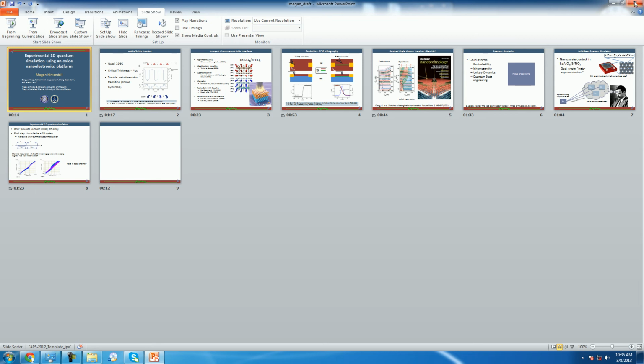I think what you may want to do is spend more time contrasting our platform with the cold atom simulator, which you're still working on in the talk. But have a table, like what are the strengths, what are the weaknesses. So the strengths are we can go to much lower temperatures. We can see superconductivity.